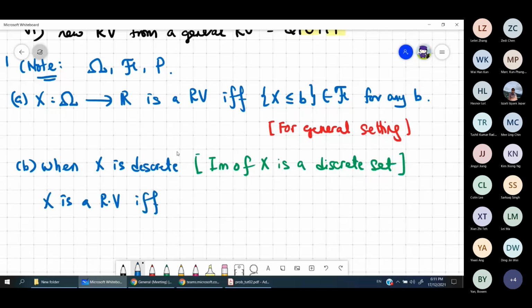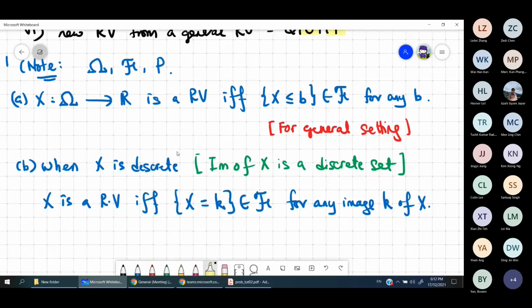That is, X is a random variable if and only if {X = k} belongs to F, for k belonging to the image of X.